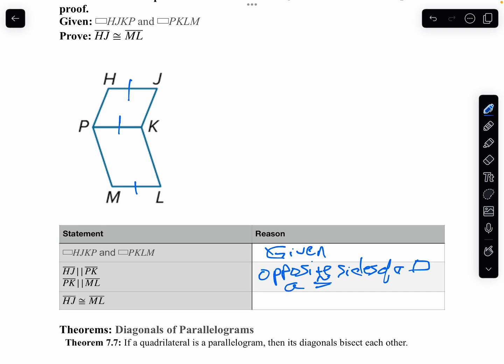Same reason. That's why I put them in the same line. And then, how do I know HJ is congruent to ML? Well, I'm just using the transitive property. HJ is congruent to PK, PK is congruent to ML, therefore HJ is congruent to ML by the transitive property.